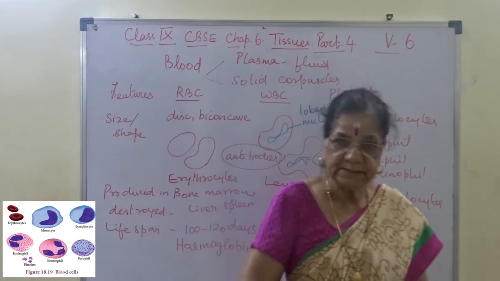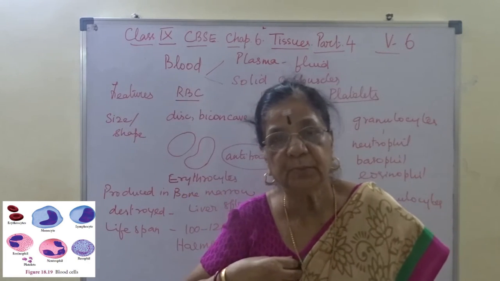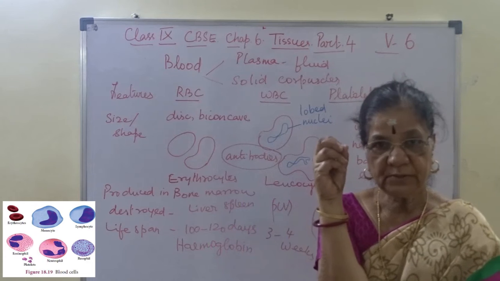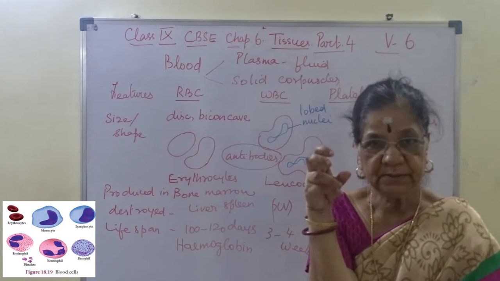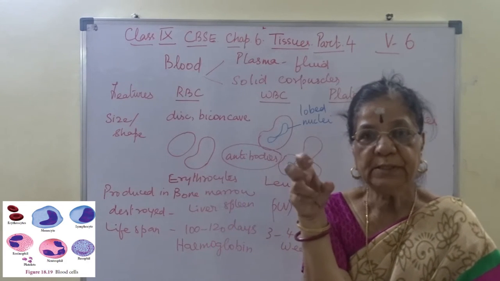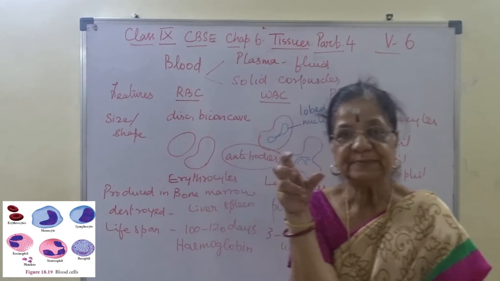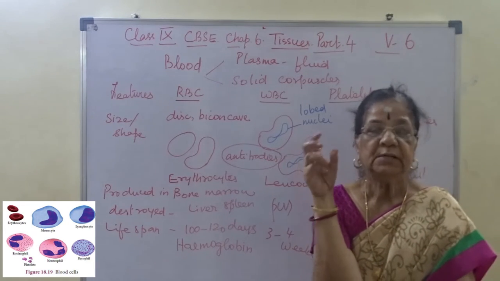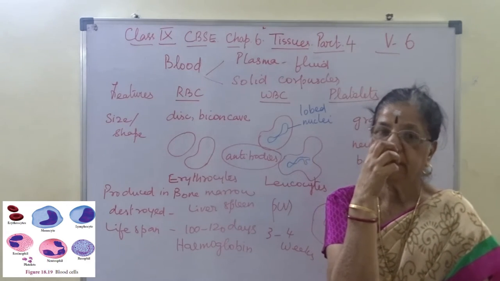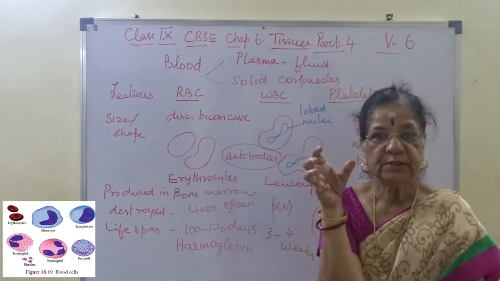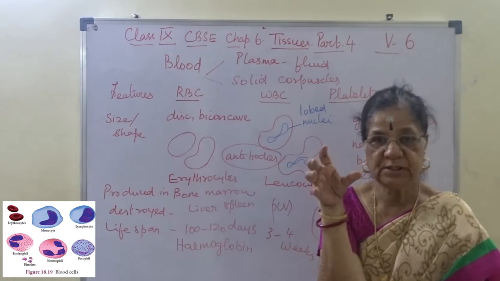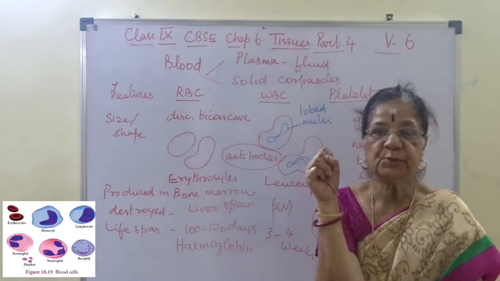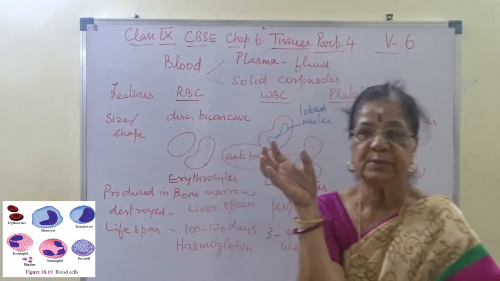When an antigen or any foreign particle enters into our body, the blood WBC will immediately produce a substance called antibodies to fight against the foreign particle. That foreign particle is the antigen. So antibodies are produced by the WBC.